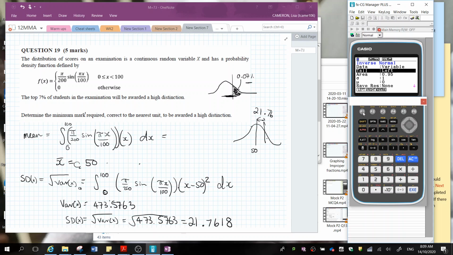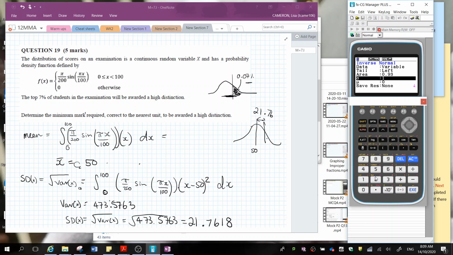So we're going to set our tail left. We're changing the area underneath to 0.93. And if you did the tail right and you worked out the area as being 0.07, you'd get the same answer, it doesn't matter. Technically you're still looking for the same location, just using a different input.